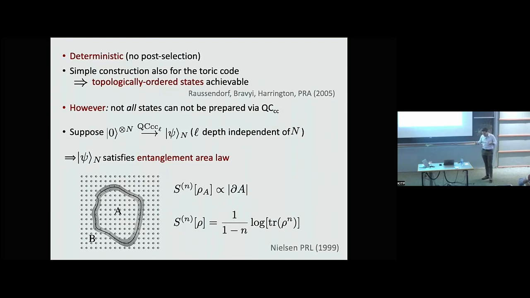Thinking of how we prepare the states, we take some trivial state, we apply a finite depth quantum circuit, and then we perform LOCC, and none of these operations can violate the area law. The only part which is maybe a bit tricky is LOCC, but there is a result by Nielsen that when you have a LOCC which implements a deterministic transformation, bipartite entanglement cannot increase.